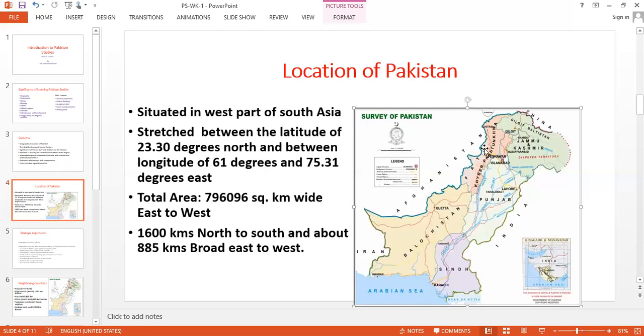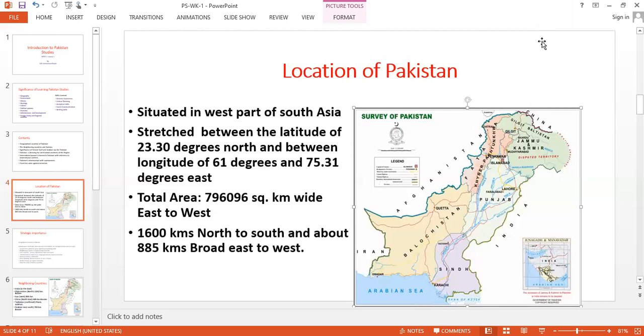Look, China is a huge country. It is situated on the northeastern side of Pakistan, and it stretches to Malaysia, Indonesia, Russia and other countries.